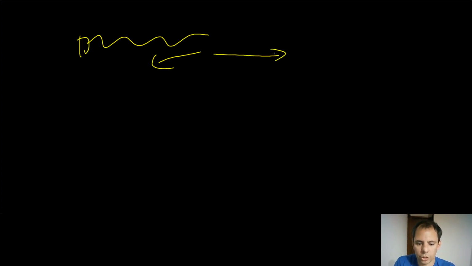The force required to compress or stretch a spring within its elastic limits is proportional to the distance that the spring is compressed or stretched from its original length. So for example, let's just say that you have a spring like here, fixed in here, and you want to compress it or stretch it.